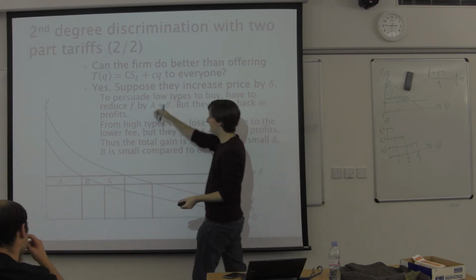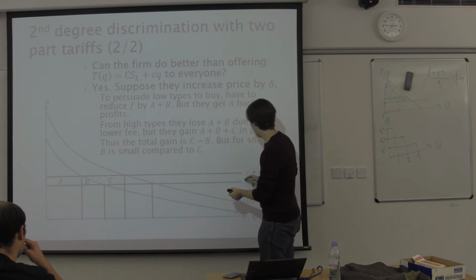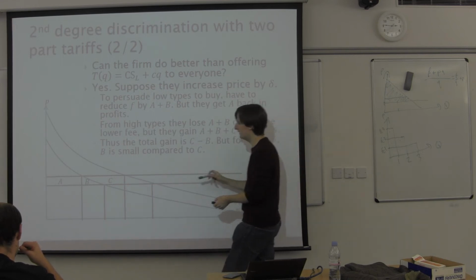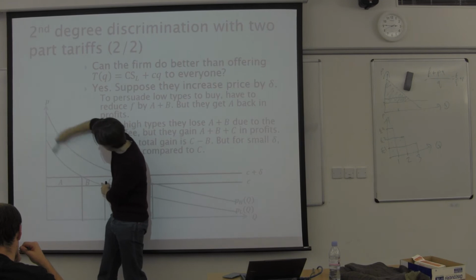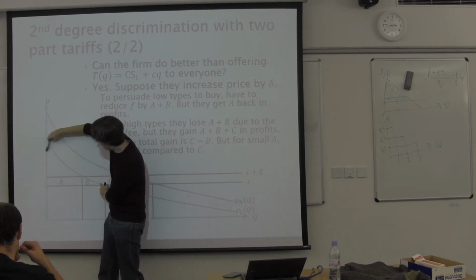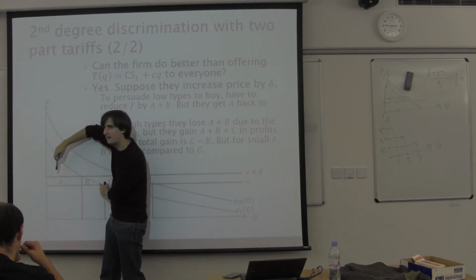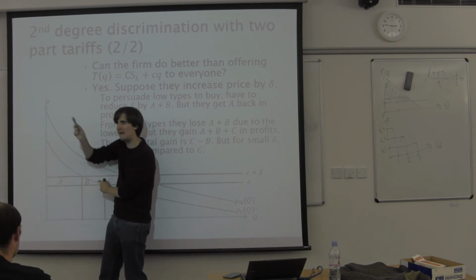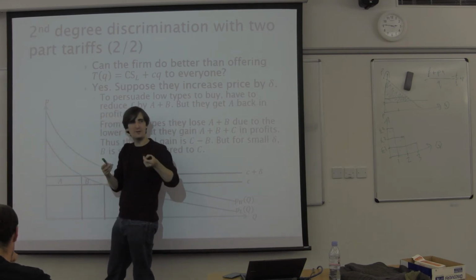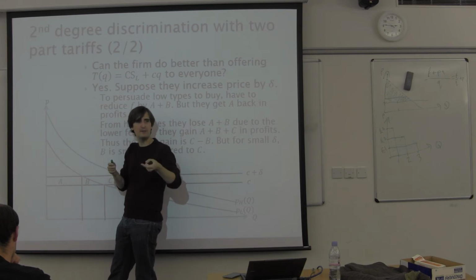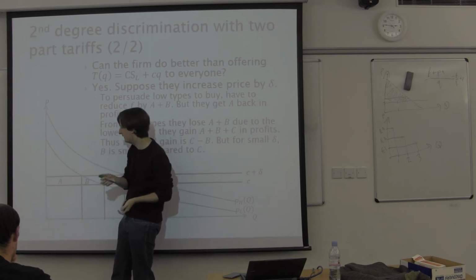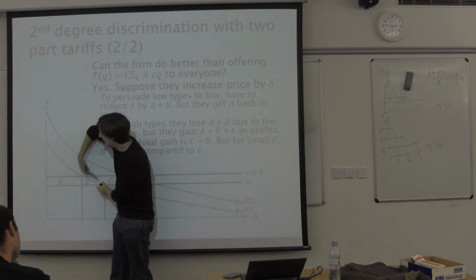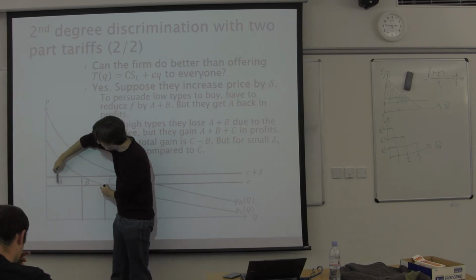For the low value consumers, the price has gone up from C to C plus delta. So rather than being like that, their consumer surplus is now like this. Because their consumer surplus has gone down, the firm has got to charge them a lower fee in order to persuade them to buy anything at all. So the fee that the firm charges has to be reduced by A plus B.